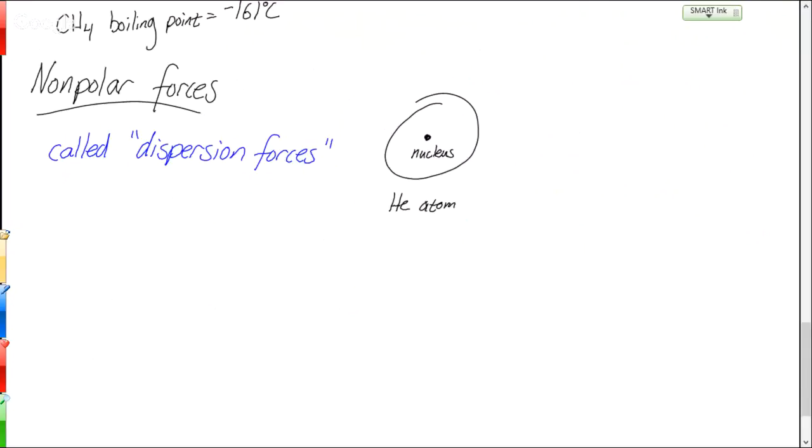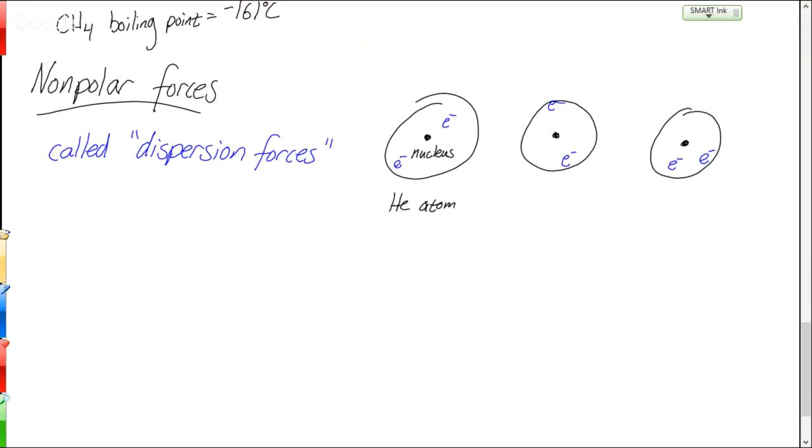They could be here and here. They could be over here and over here. There's any number of random ways that those electrons could be distributed, right? Because they're always moving around, so they're just kind of distributing themselves in random ways.